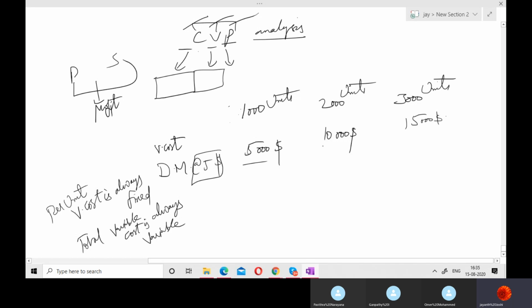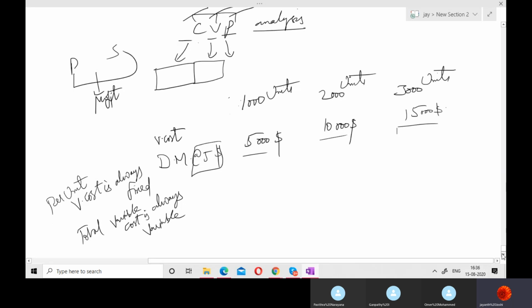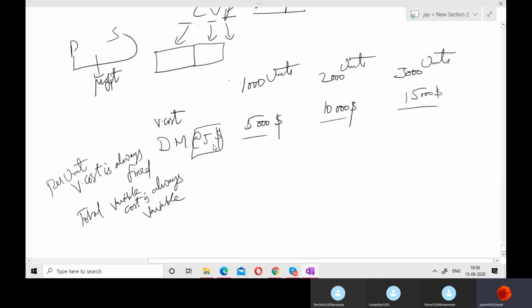You can see it is varying for different levels of activity. If you are producing more units, the total variable cost will increase, but your per unit variable cost is always fixed, or constant, with respect to the level of activities.